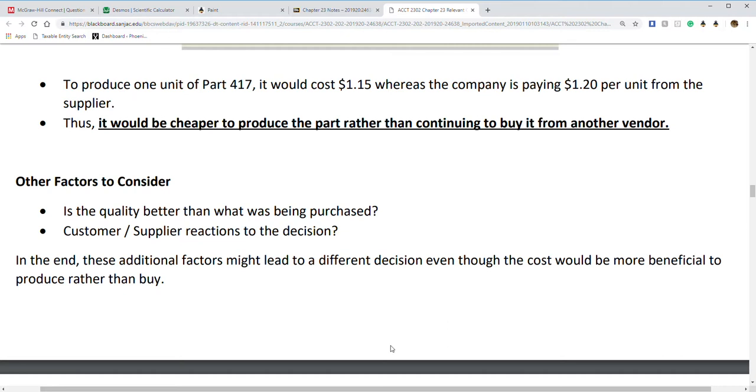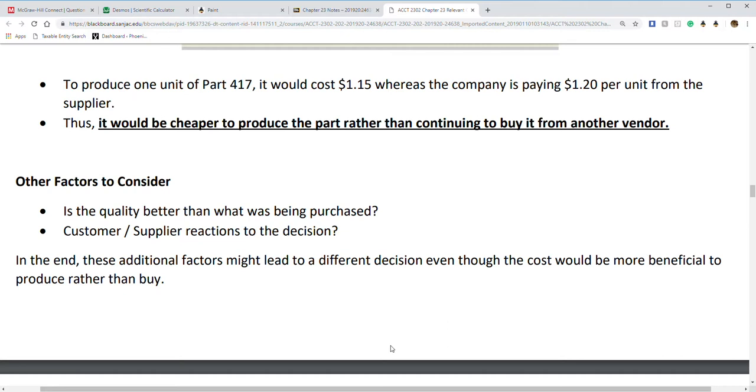You also have the customer and supplier reactions. Customers may see this and go, oh no, they can't do it just like that. It's scary. I don't like it. I'm not going to buy from them anymore. Ooh, I'm going to bomb this game because it doesn't have what I want. Well, that's the customer. The customer is going to make their decisions.